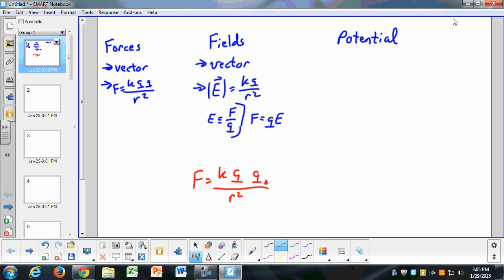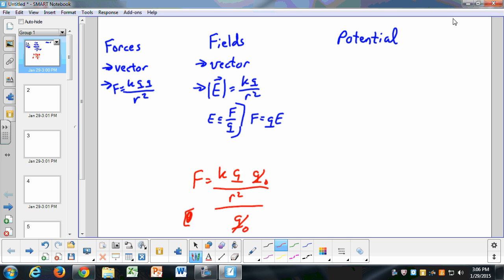And then if we want to know E, we say this force divided by Q naught, and it cancels out. That's not terribly important right now. For practical purposes, we need to know that we can find the magnitude of the electric field due to a charge as KQ over R squared. And then if we have a charge that sits inside an electric field, the force from the field is equal to that charge times the electric field. I'll show you an example in just a few minutes.